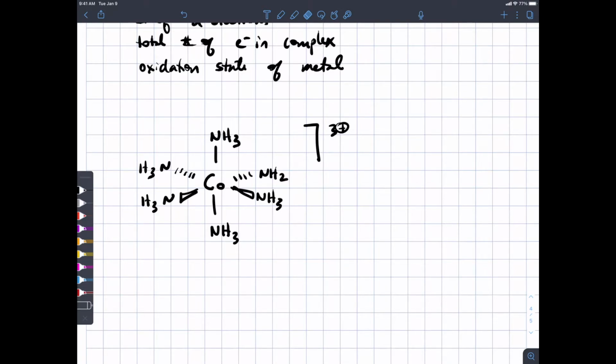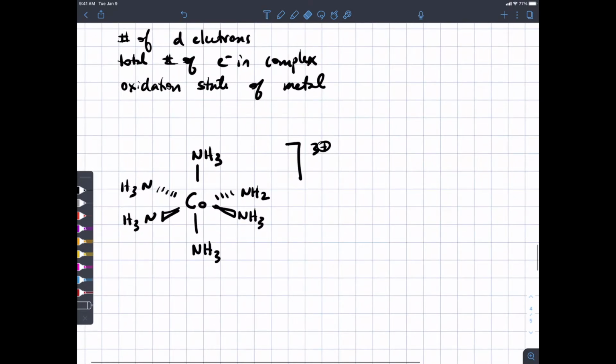Okay? Now, let's deal with first the total number of d electrons on cobalt. You know that we have 6 L-type ligands, and they are all neutral.